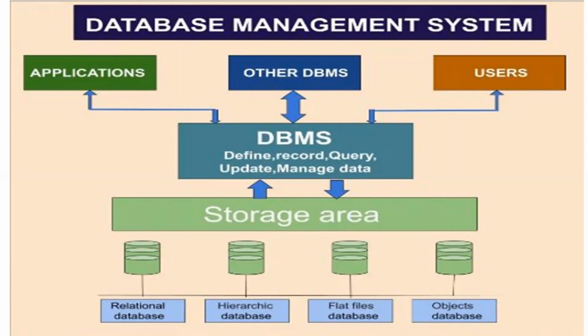Either they are a relational database, or a hierarchical database, or the database is stored in the form of flat files, or the data is stored in database objects. The bottom part represents the database, the data storage, that is, the user fires the command to access the data from all these databases.